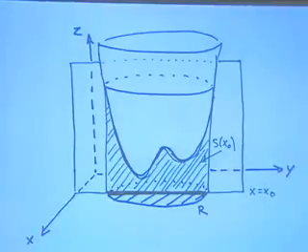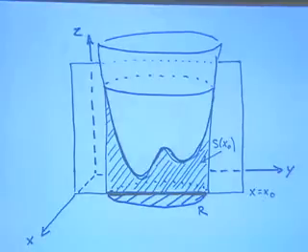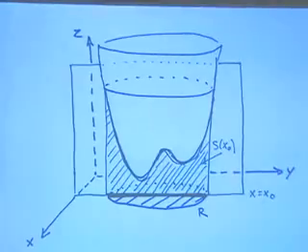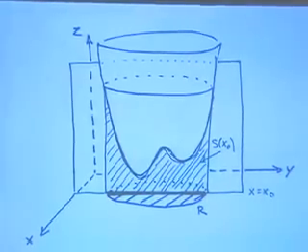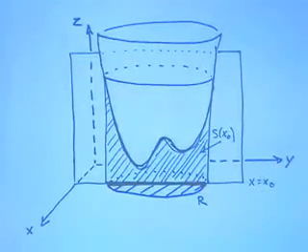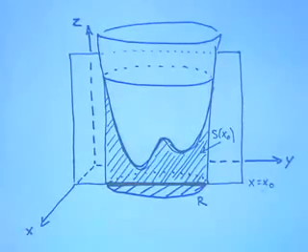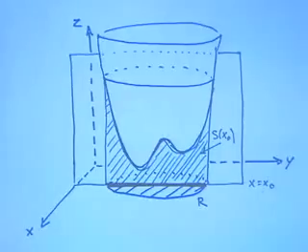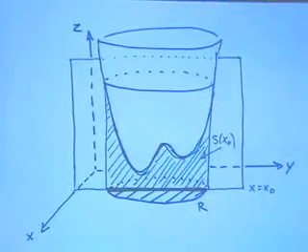Now in each slice, I get what looks a lot like a single variable integral. That integral will tell me the area in this slice, the black shaded slice. And then when I add all of these areas together, as the value of x changes, I will get the volume.